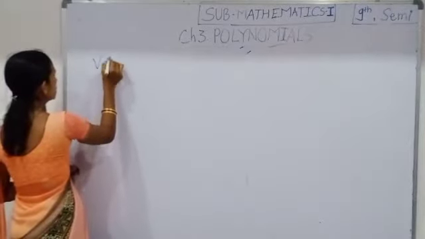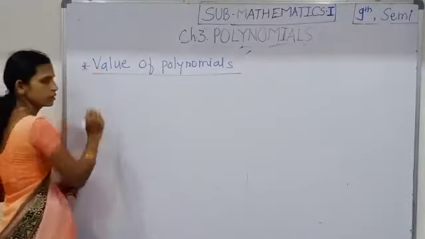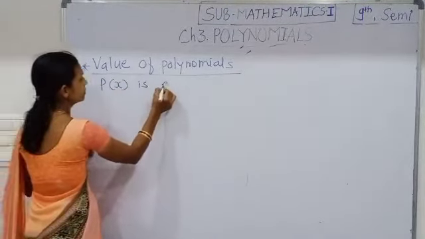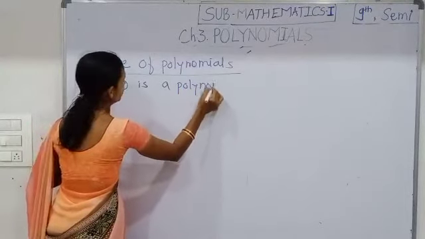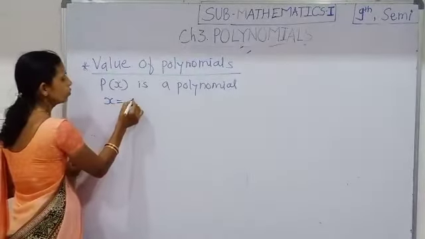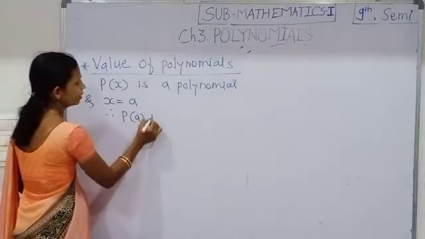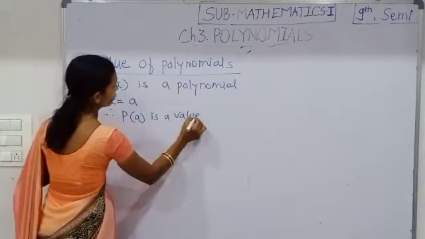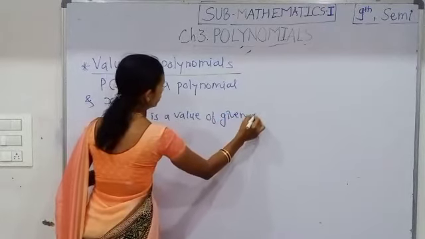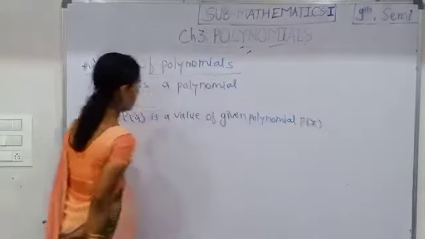Value of polynomial means, if p(x) is a polynomial in the x variable, and if x is equal to a, then p(a) is the value of the given polynomial in the x variable.